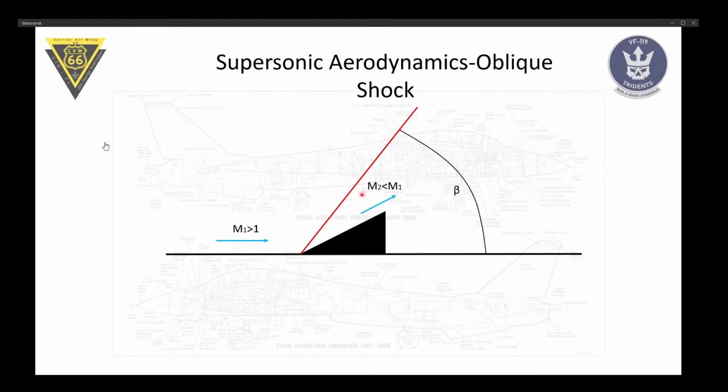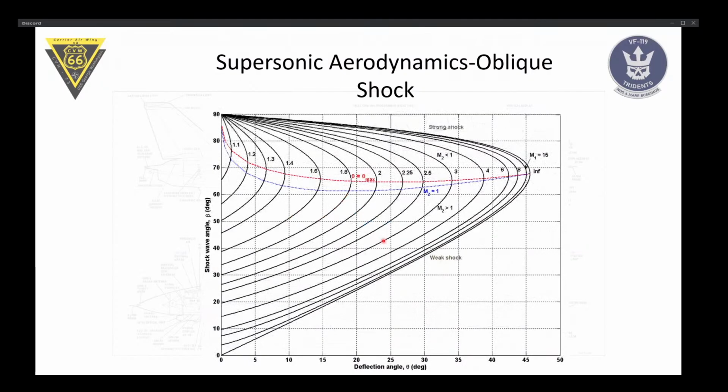We define our shock angle beta, and then we define our deflection angle theta, and we find that the shock angle beta is a function of our free stream Mach number M1 and our deflection angle theta, which is a geometrical feature of whatever part we're looking at. Just a little bit of an example.